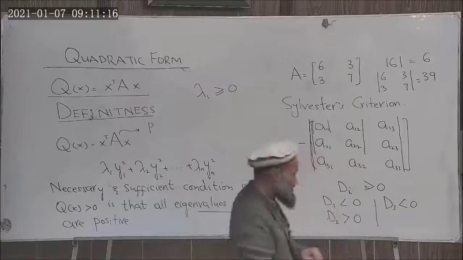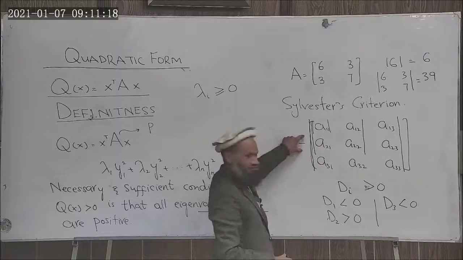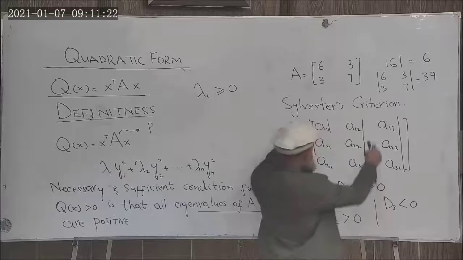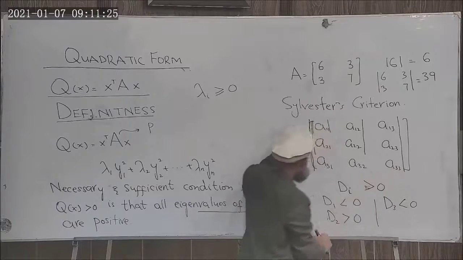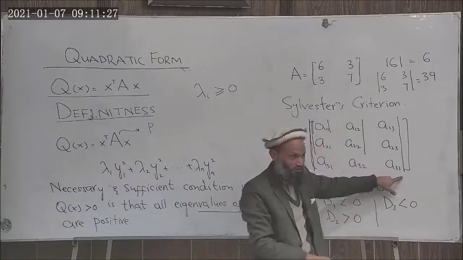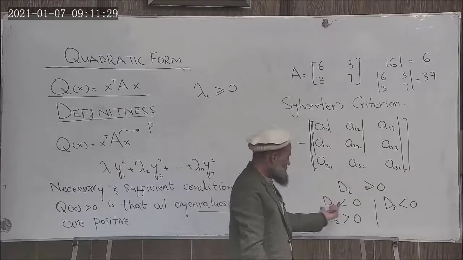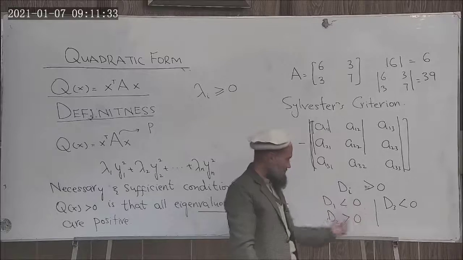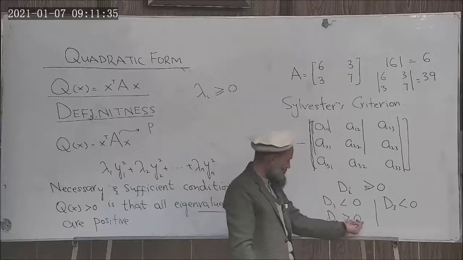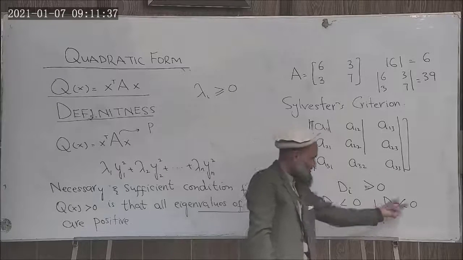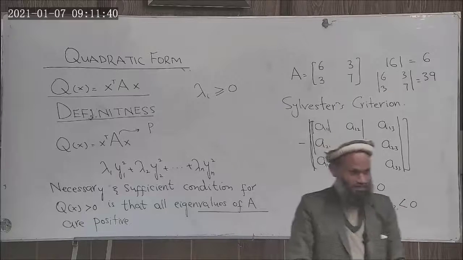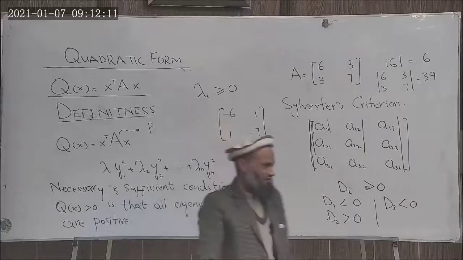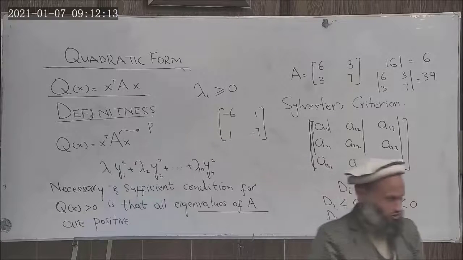So either check the positive definiteness of minus 1 multiplied by that matrix, or compute the principal determinants. The first principal determinant should be negative, the second positive, the third negative, and then that matrix will be negative definite. So what is the definiteness of this matrix we want to check?